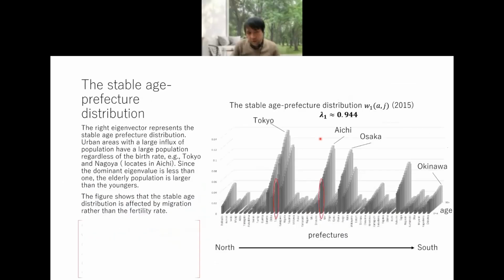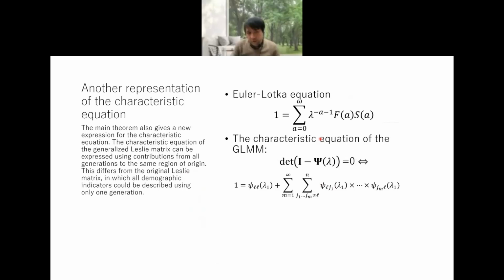But in this case, each parameter is composed of a matrix. It is different from the conventional Leslie matrix.